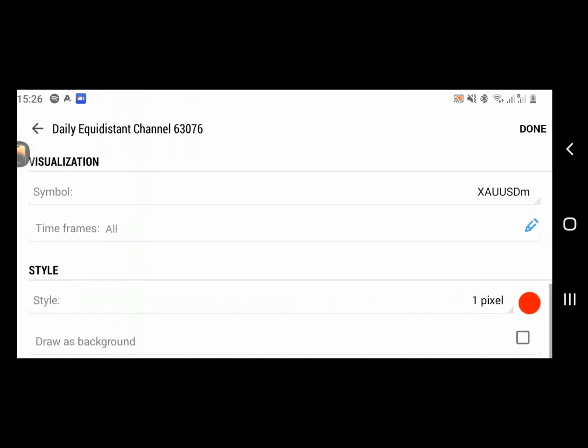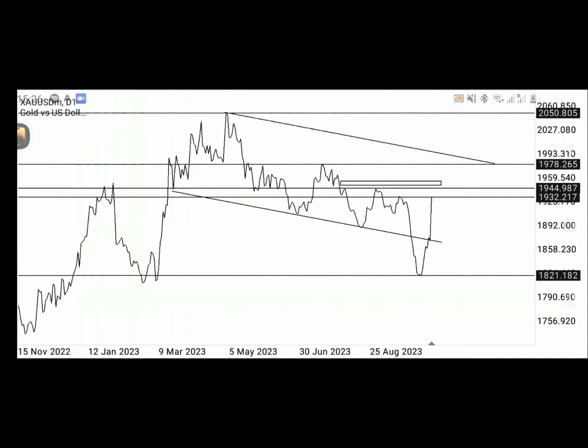Why I'm doing this is because I believe that price will actually go up and hit the 1978 before actually reacting to any sell opportunities. So it is very strong right now.